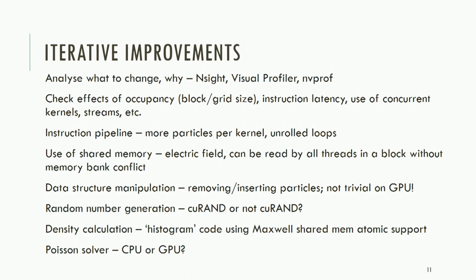The other one is the random number generator. We started off with a CUDA random generator, which is surprisingly slow, and we don't know why. It should be much faster than it actually is. So in a new version, we changed to a different random number generation, which is much faster to initialize and much faster to generate the numbers.